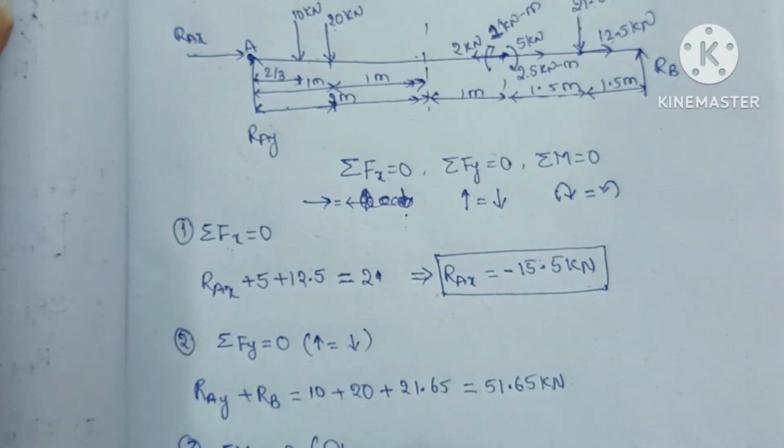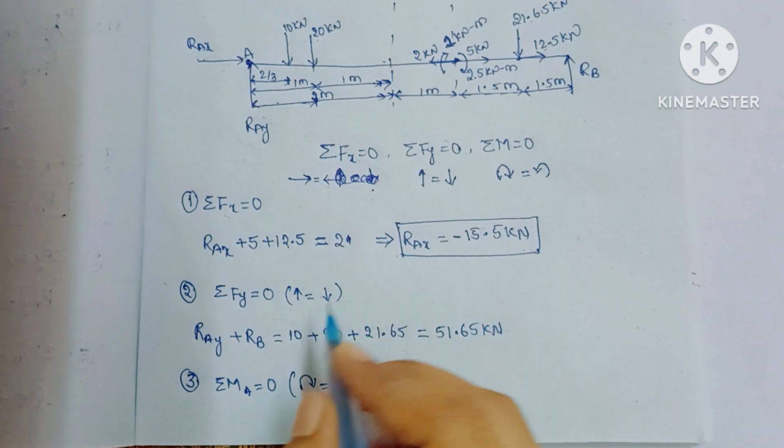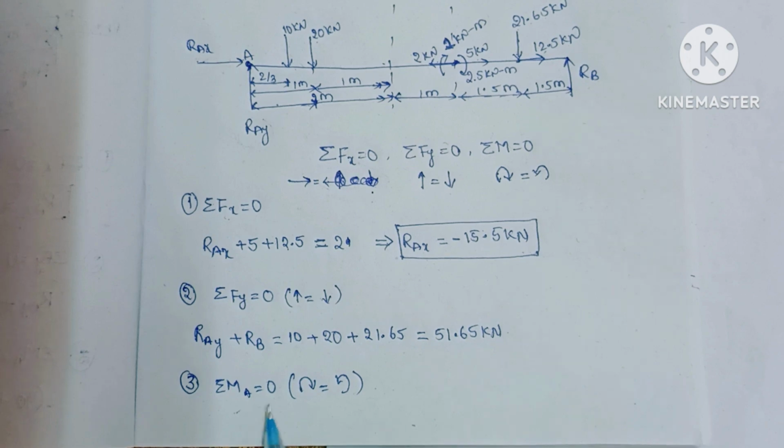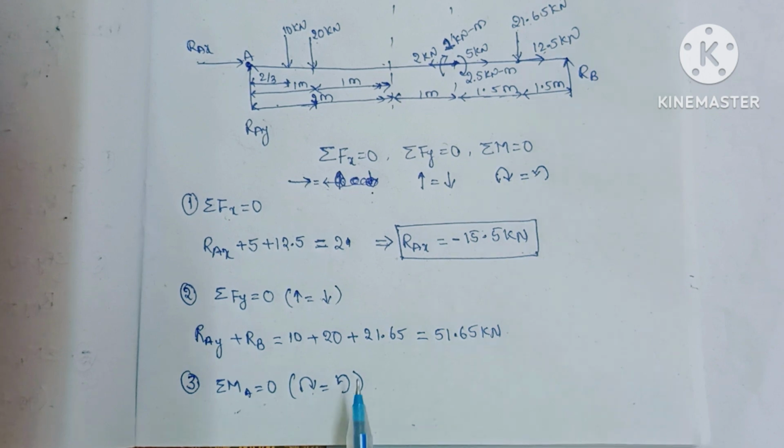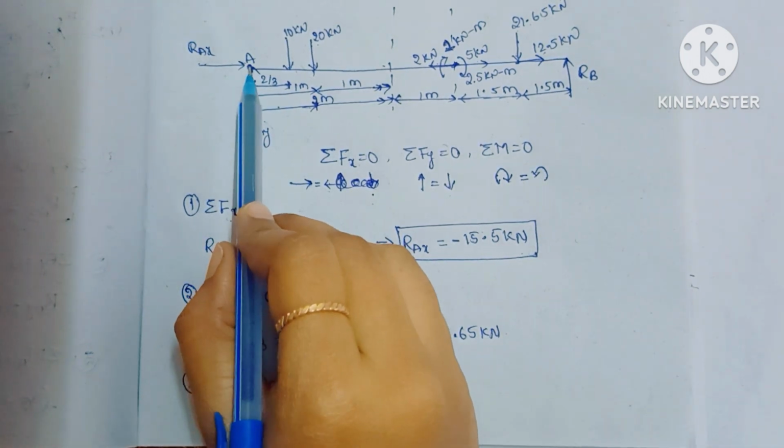So moment acting in clockwise direction, which is equal to sum of the moments acting in anti-clockwise direction. So sum of the moment at point A equal to 0. I took this equation, so I am equating with moments acting in clockwise direction, which is equal to moment acting in anti-clockwise direction.